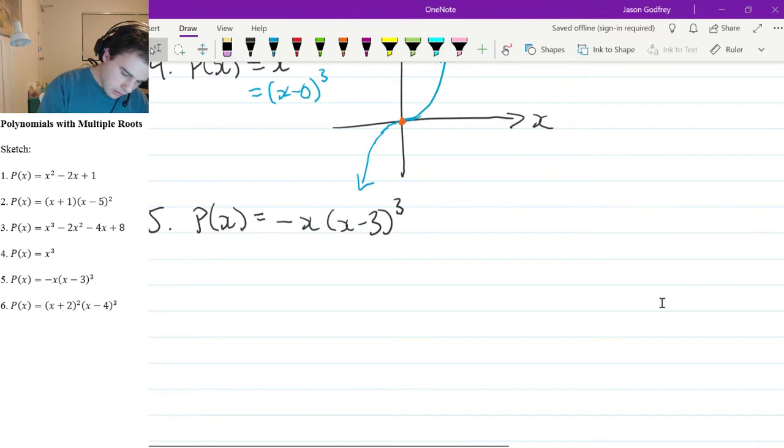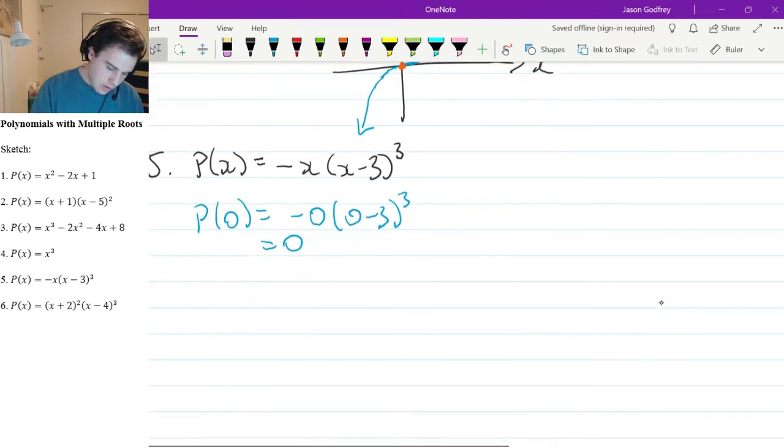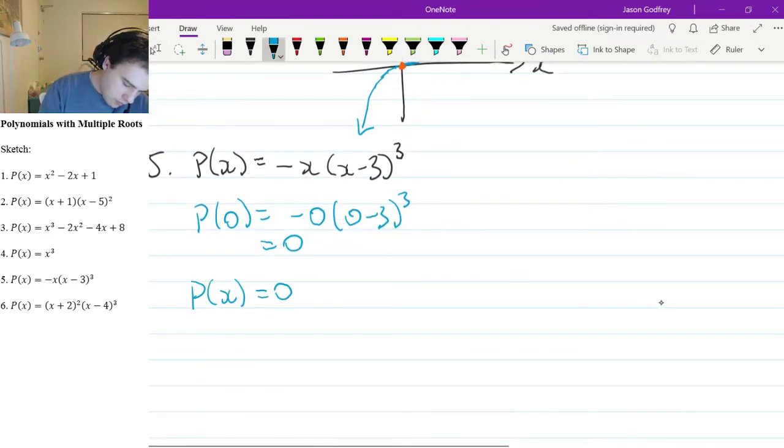Okay, so let's find the y-intercept: negative 0 times 0 minus 3. This will be 0. Okay, and when does the polynomial equal 0? When x times x minus 3 cubed equals 0.